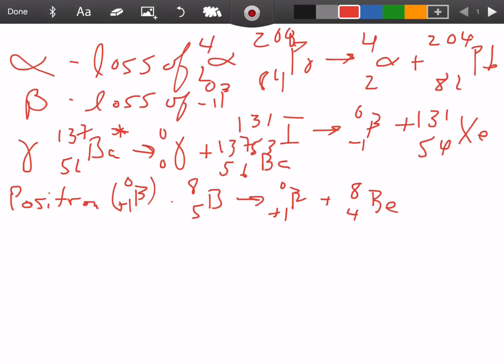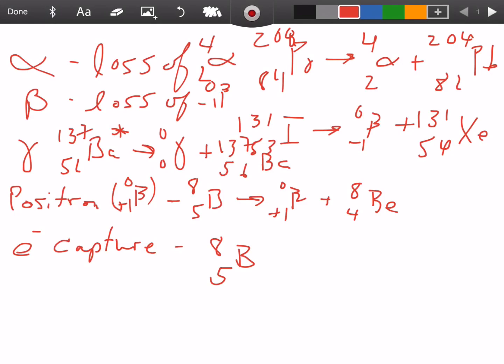Positron emission and electron capture are two different processes, but they accomplish the same thing. Electron capture might again exist for, say, something like boron 8.